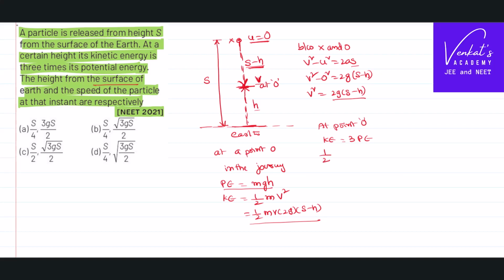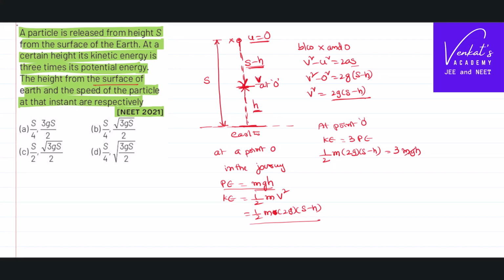Kinetic energy is half m v square, and I have already calculated it as half m times 2g of s minus h. That is 3 times the potential energy mgh, where h is the height from the earth's surface.